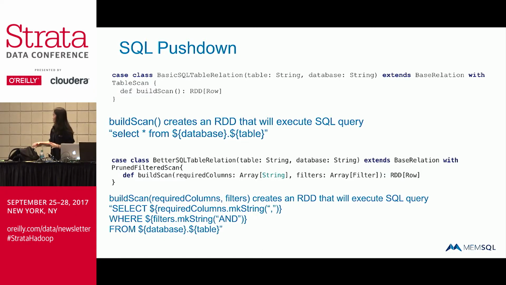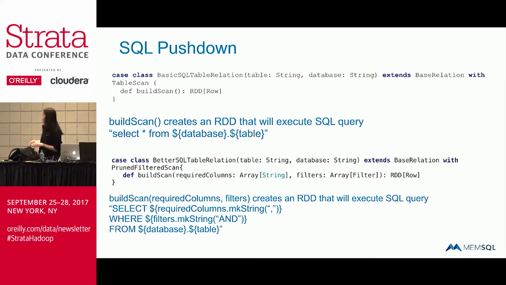So I guess this gets a little hairy again, but I'll show how the code differs in basic SQL table relation and better SQL table relation. In basic SQL table relation, which only uses the basic build scan with no arguments, we don't have any information about filters and can only return an RDD that will eventually execute the SQL query select star from database.table.